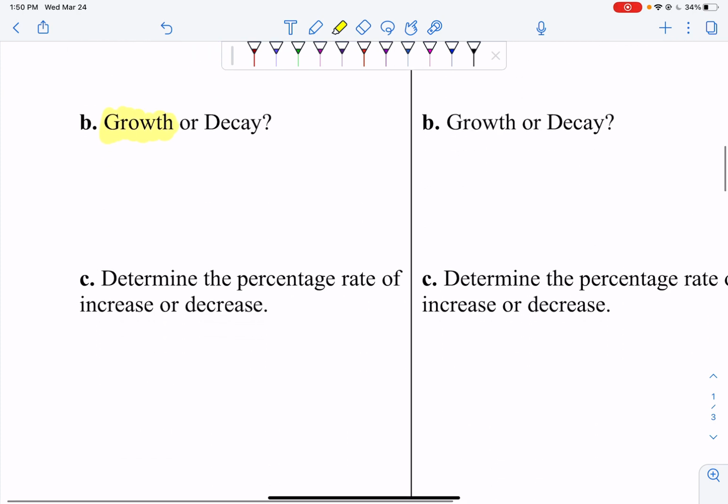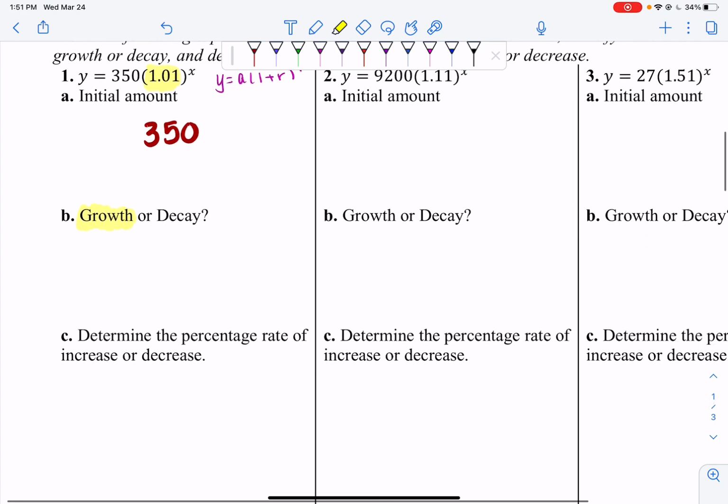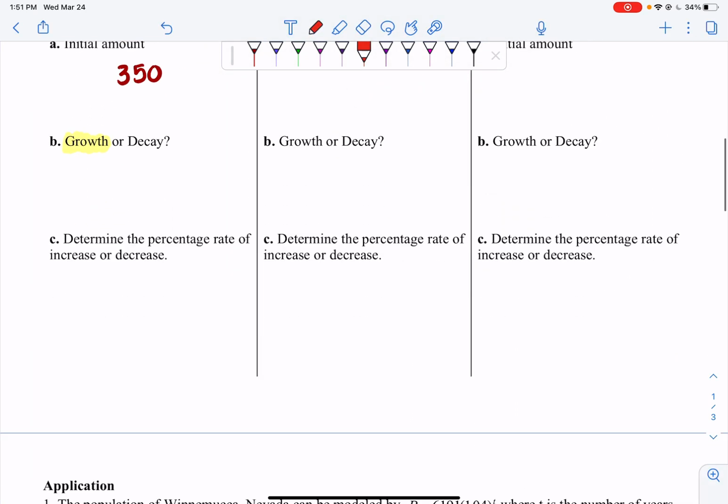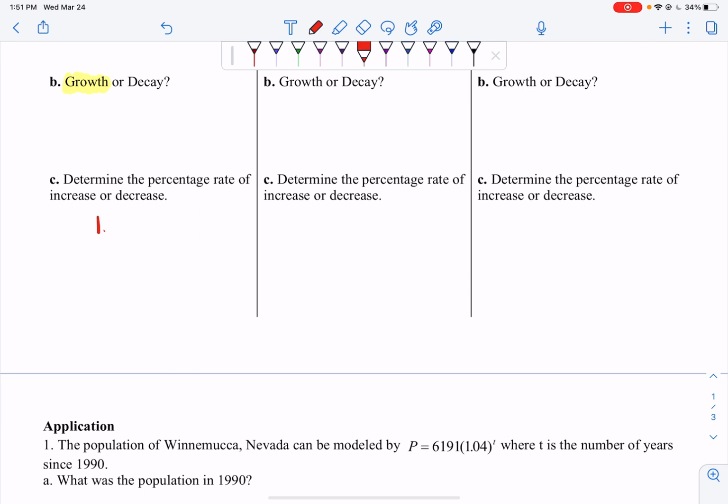Now, it says determine the percentage rate of increase or decrease. Well, since it's a growth, it's going to be a percent increase. So the first thing I do is I write down that 1.01. And now what we do is we make this little one-step equation: 1 plus r is equal to 1.01. Now we need to get r by itself. This is a one-step equation.